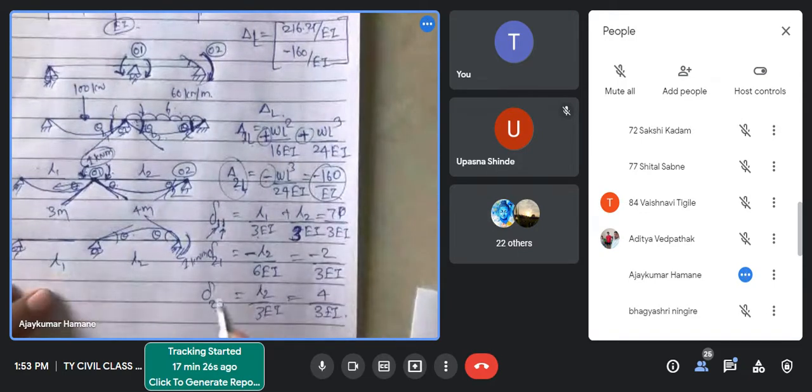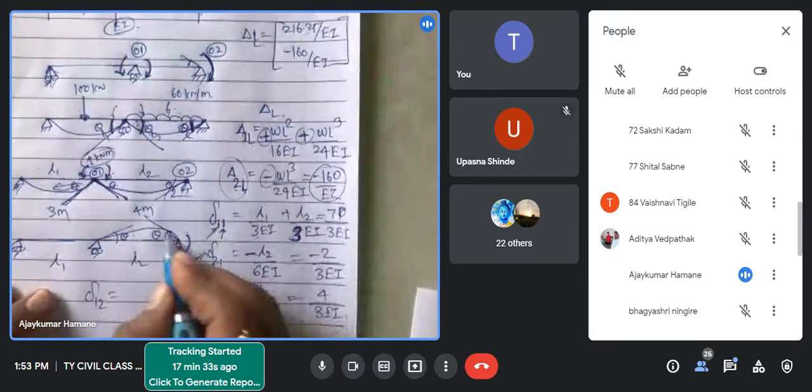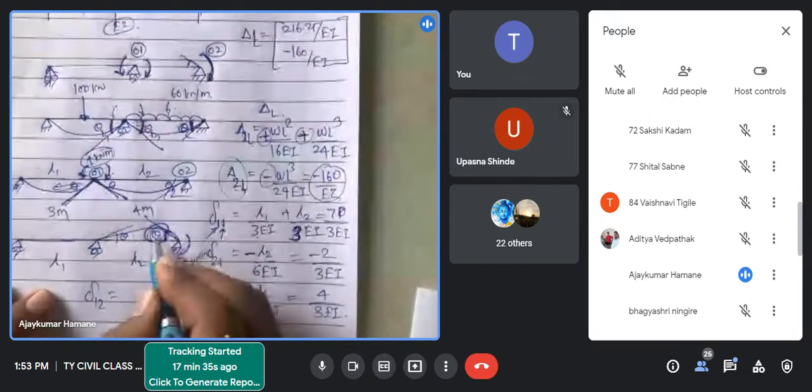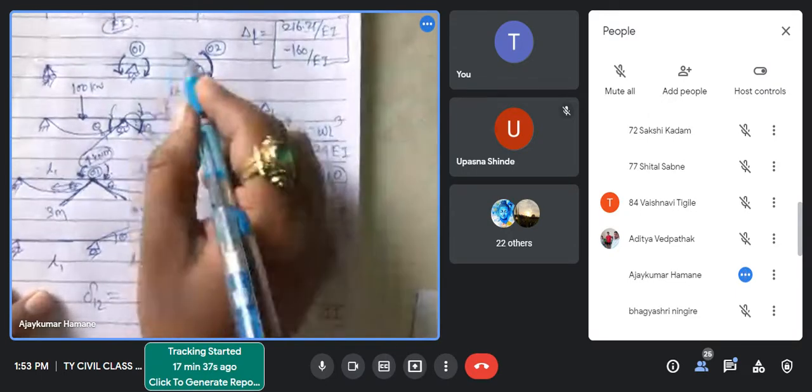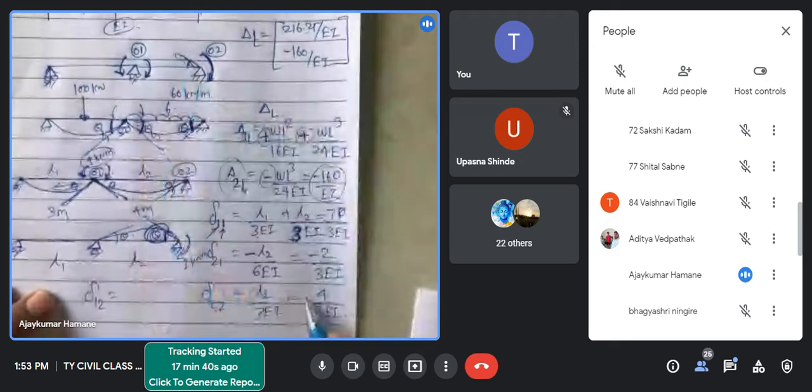Correct? And what is delta 1 2? Yes, anyone? This is positive because you see upward rotation, upward displacement. Here also it gives us upward displacement. That's why it is a positive value.